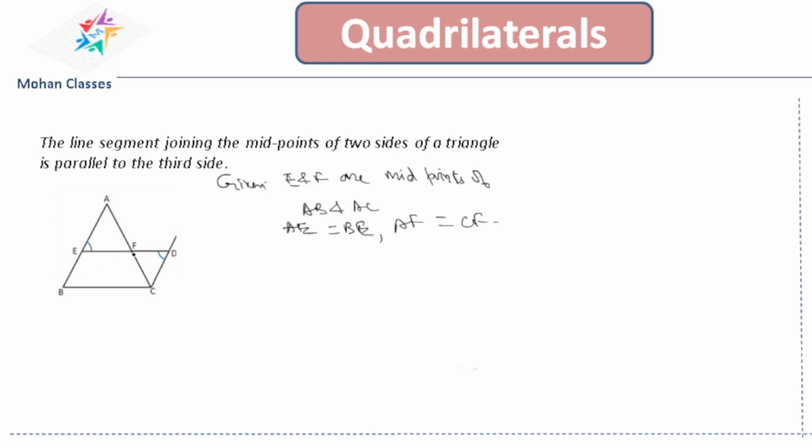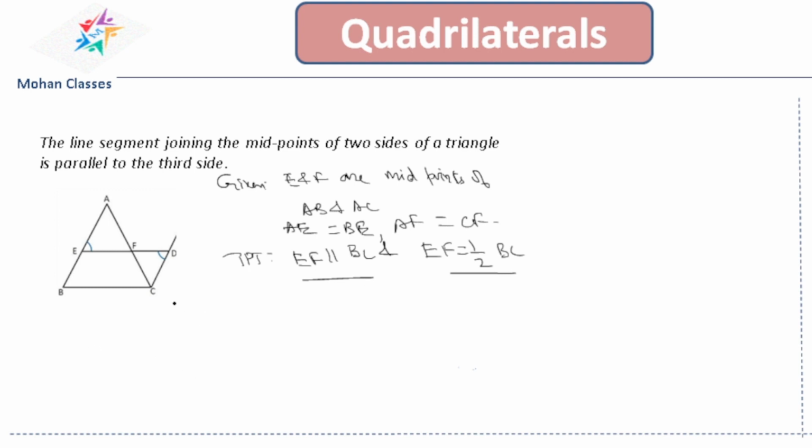Because E and F are the midpoints of these. So now, what we have to prove is that EF is parallel to BC and EF is equal to half BC. These two points we have to prove.